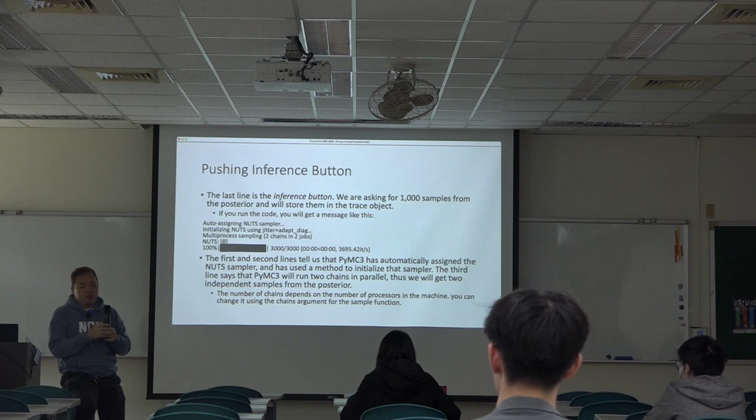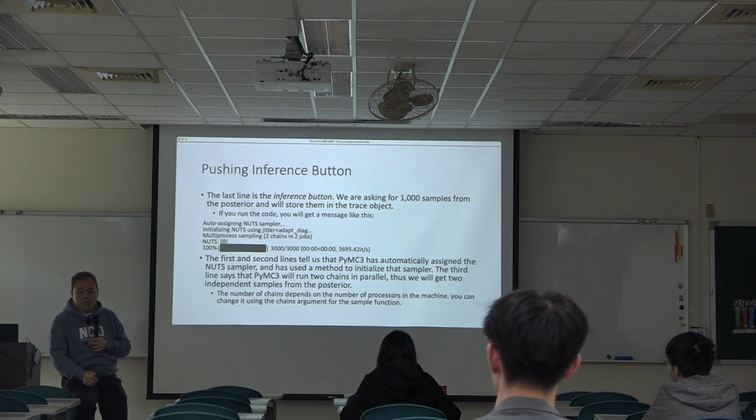So for each chain, it generates 500 for parameter tuning purposes and discards them, and then the next 1,000 for the real analysis. We have that for each chain, so two of them makes a total of 3,000 samples.